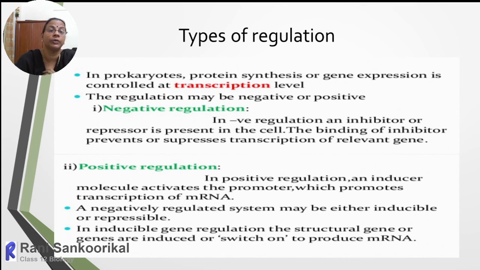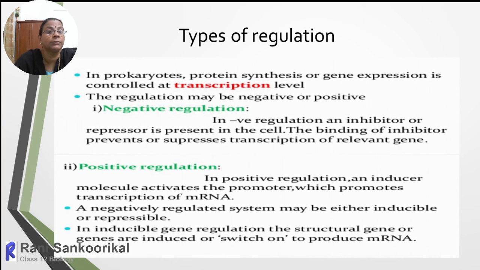Because the enzymes have to be produced, a lot of energy has to be spent on transcription, then translation, and only then will that metabolic pathway take place. So instead of that, if enough glucose is in the medium, then in order to avoid the wastage of metabolic energy and enzyme production, the cell will automatically stop the lac operon function.